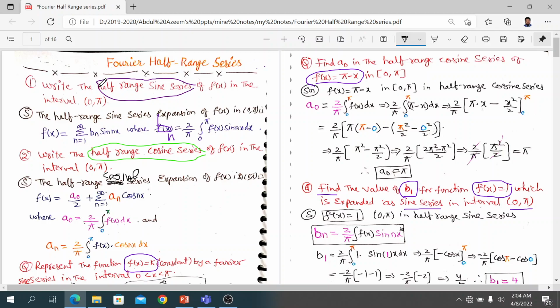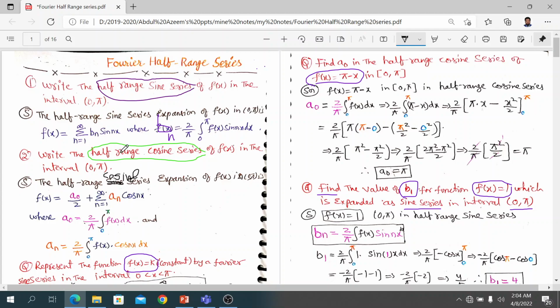So write the half range sine series of f of x in the interval 0 to pi. The half range sine series is f of x equals sigma n equals 1 to infinity bn sine nx, where bn is equal to 2 by pi integration 0 to pi f of x sine nx dx.